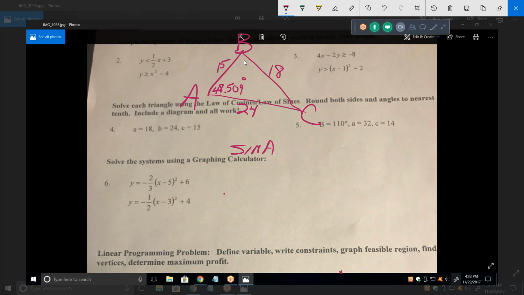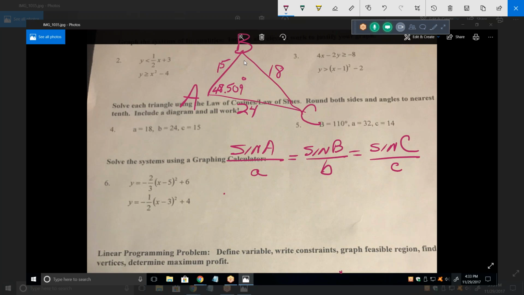You never take trig functions of sides. They're all the same ratio.